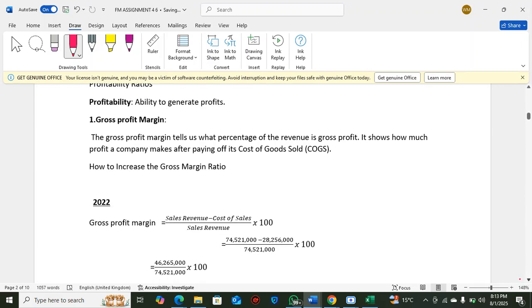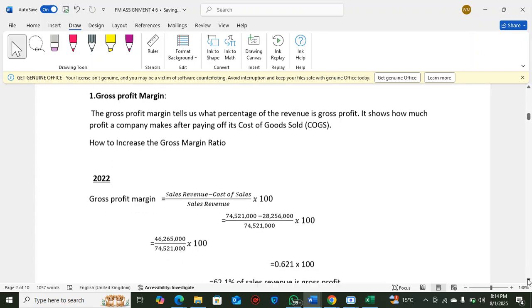For 2022, the sales revenue is 74,521,000. The cost of sales is 28,256,000. When we subtract the cost of sales from the sales revenue, we find a gross profit of 46,265,000 kwacha.